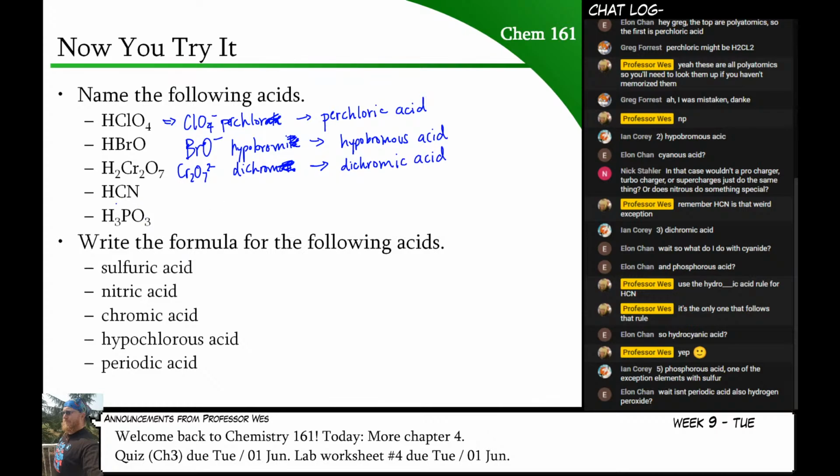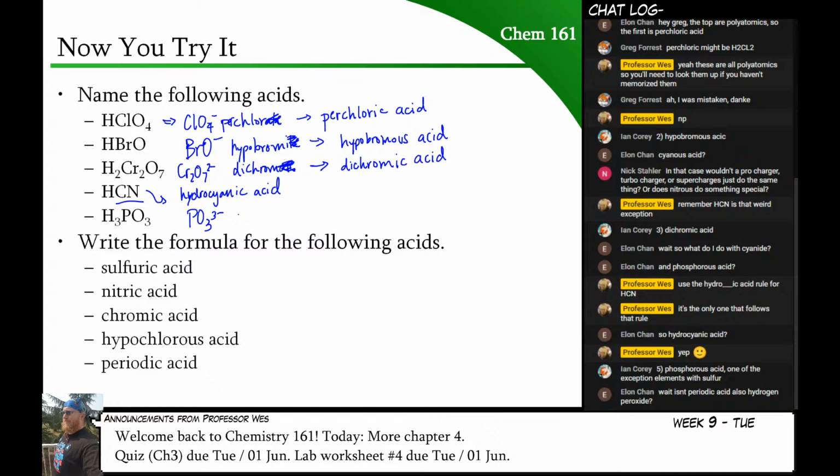And then this is just the weird exception, which I throw in there. It's the one polyatomic that follows a different rule for naming the acid, just because it ends in ide. Cyanide, anyway, ends in ide.